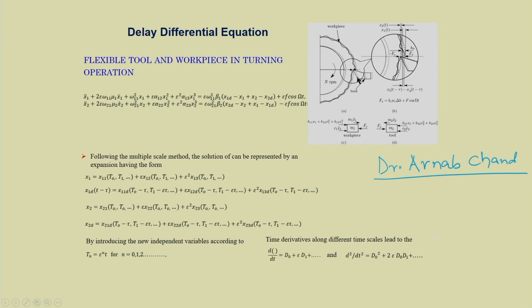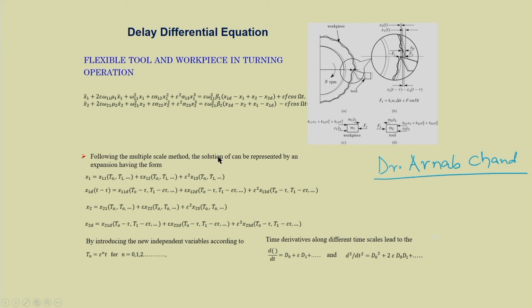When the tool is cutting, depending on the previous cut, sometimes there will be material or sometimes there may not be material, but we are considering that the tool is always in contact with the workpiece.